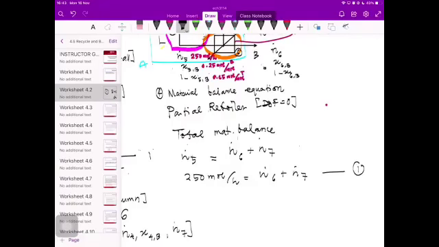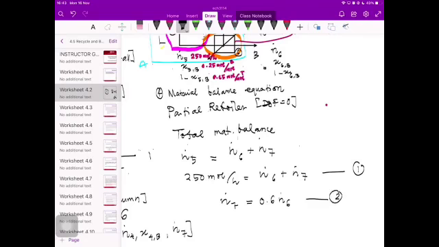We have the information where our N7, or the stream that goes into the boil up, is equal to 0.6 of N6. And N6 is the stream that is collected as the bottom product. So we have that as equation number 2.